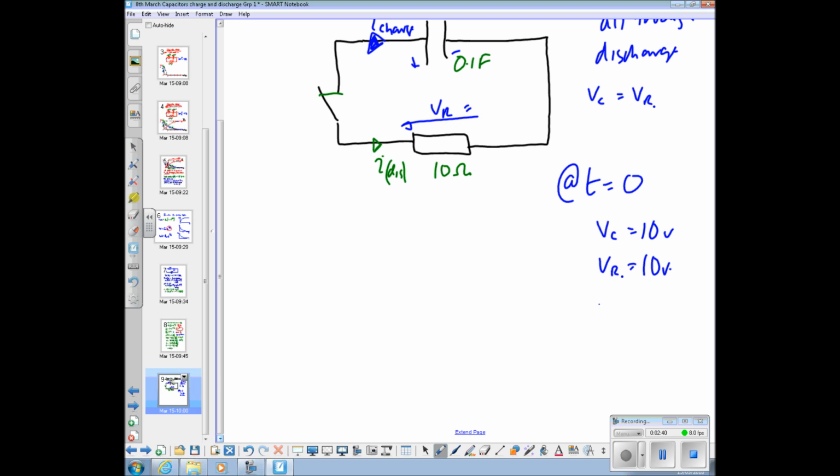And at t equals 0, how do I calculate I? And we're talking about, just clarify that, I discharge equals, how do I calculate that in this case?